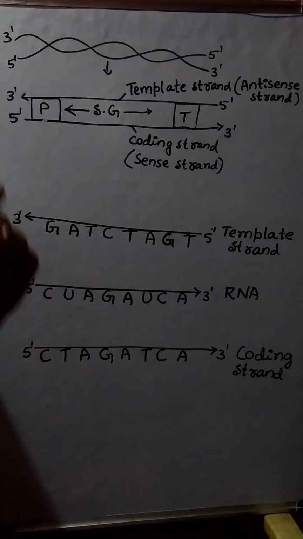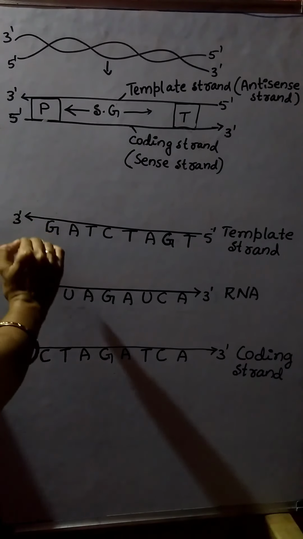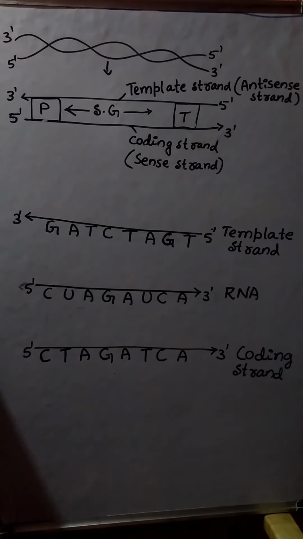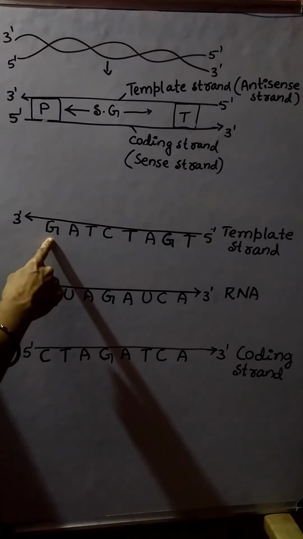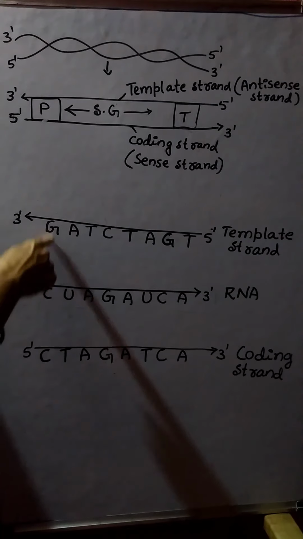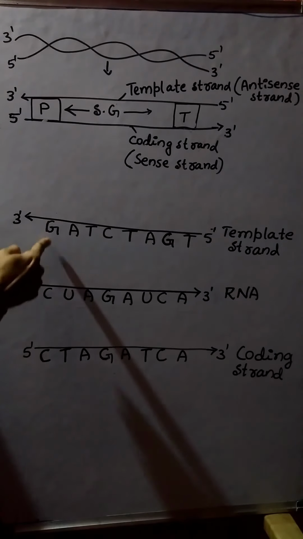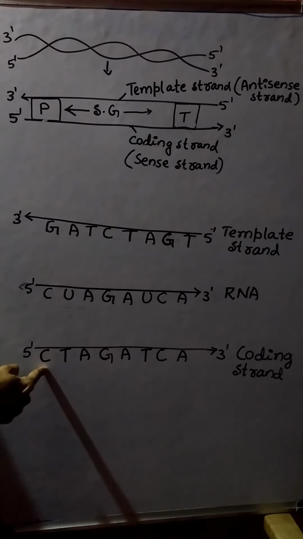We can write the base sequence of coding strand by seeing the base sequence of template strand because there is complementary base pairing. See, the first base in the template strand is guanine. Then the first base in the coding strand would be cytosine because guanine pairs with cytosine.